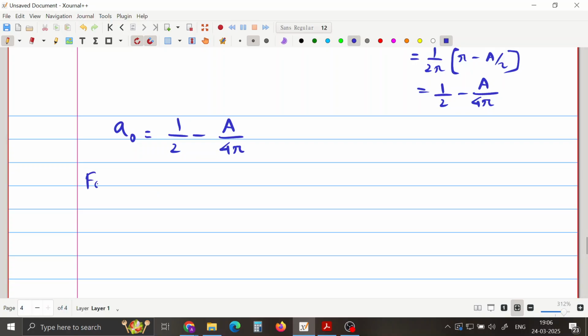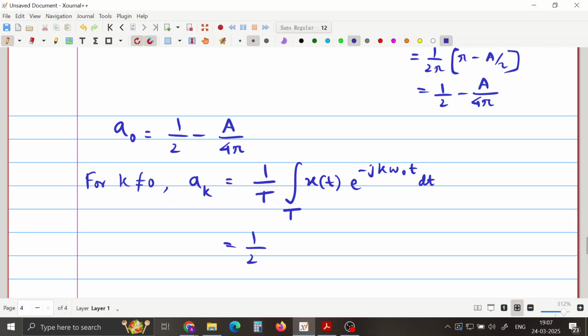And now for k not equal to 0, what is my Fourier series coefficient Ak? For this you have to take the other formula, which is this one, with e power minus j k omega naught t dt, and capital T is 2 pi, choosing the limits from 0 to 2 pi, x of t e power minus j k omega naught t.